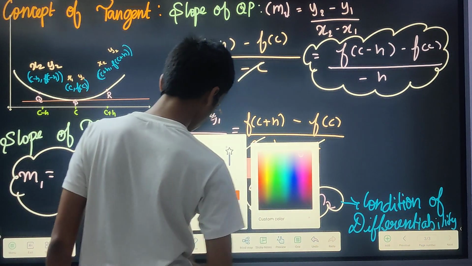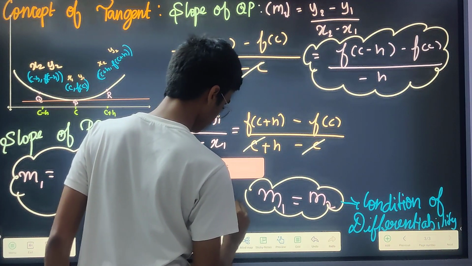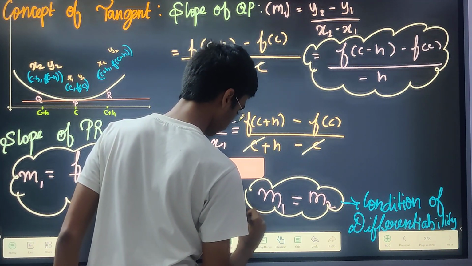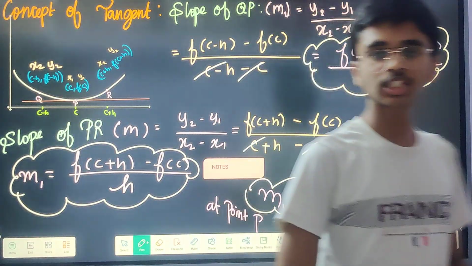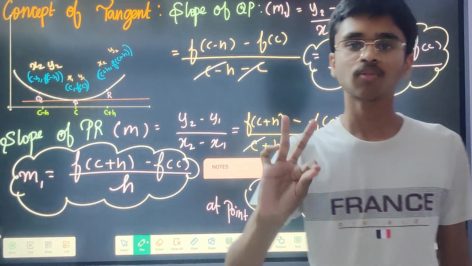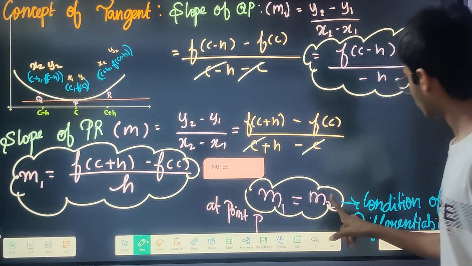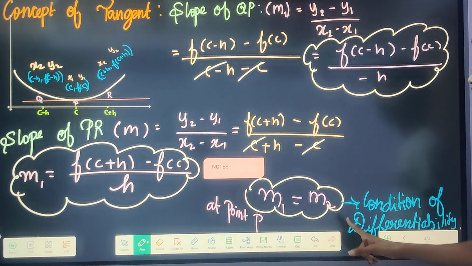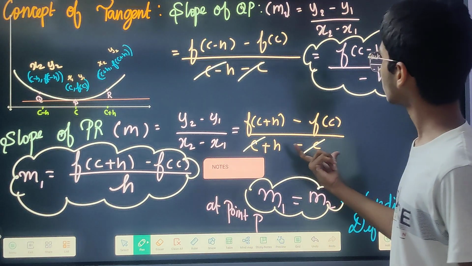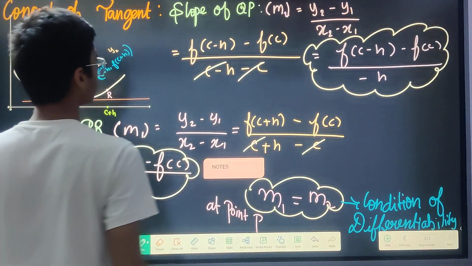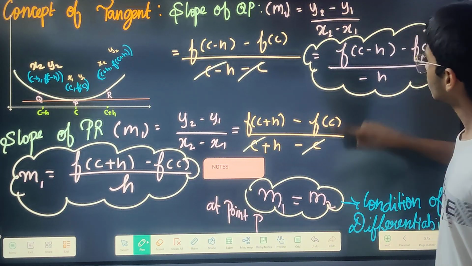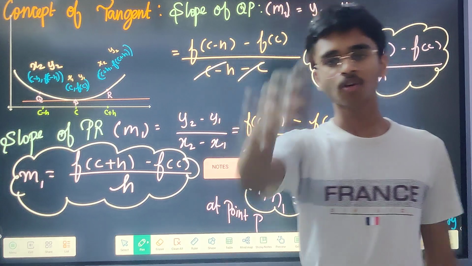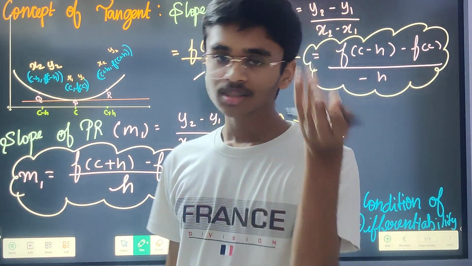At this point P, you have to check whether it is differentiable or not. To check that, you have to use this condition, that M1 should be equal to M2, where to calculate M1 you use this formula, and to calculate M2 you use this formula, and then you equate them. When you are equating them, if you are getting the same formula, then well and good, super, you have got it is differentiable.